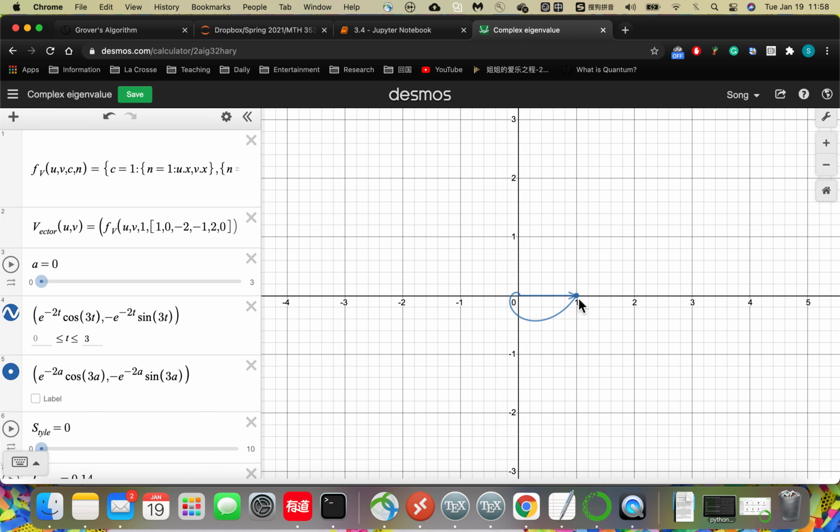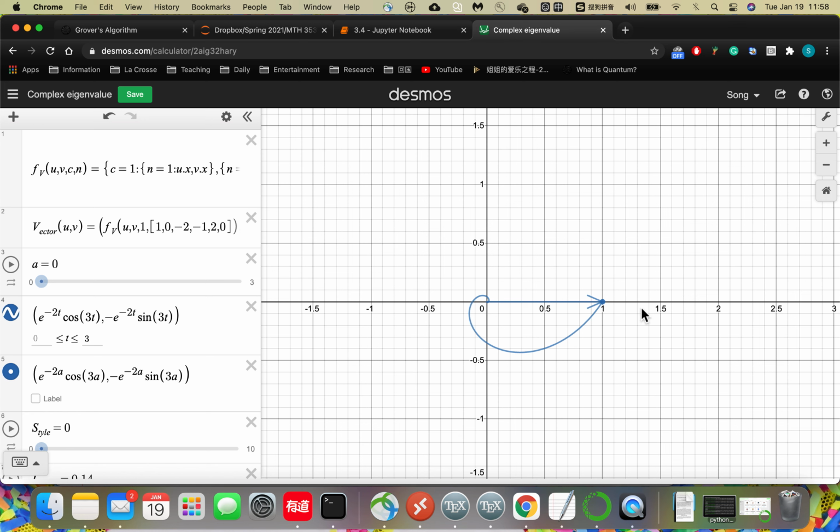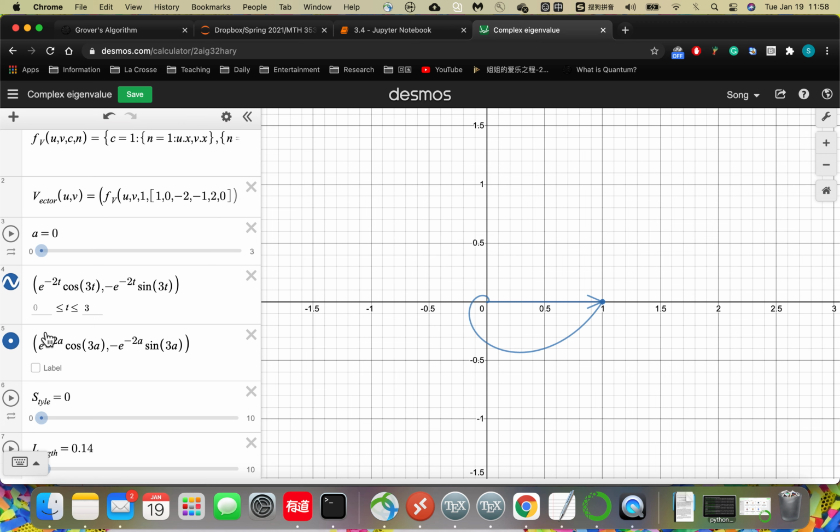I start from this very point. Okay, this is one of the two solutions I have. And then you can see you rotate. Meanwhile, you actually keep shrinking because you have a negative 2t there. So you rotate, you shrink as you rotate. That's what you get from the first solution.